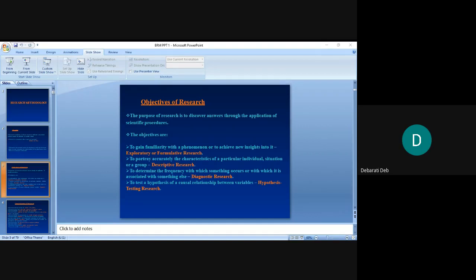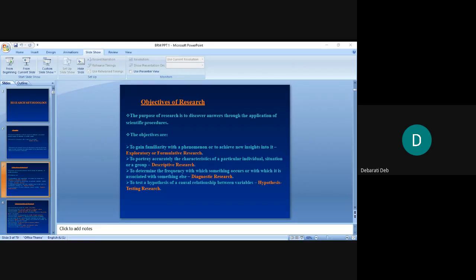There are various types of research. You can choose any one of those, and then you will have to move ahead with the type which you have selected.